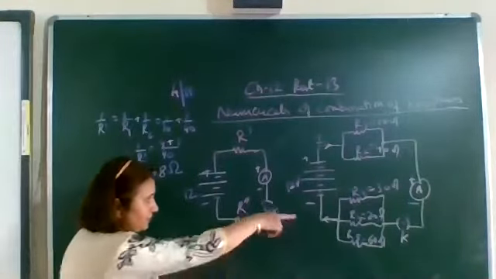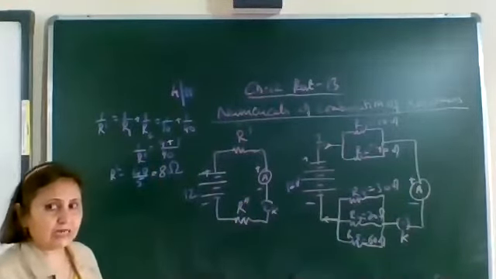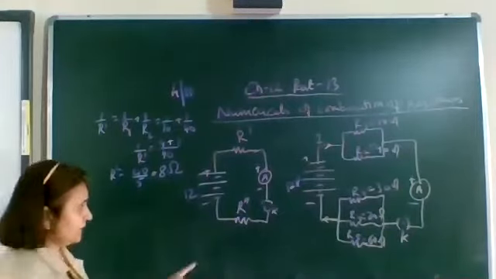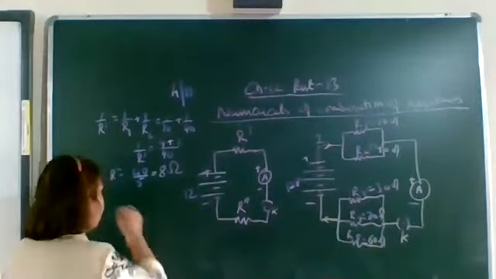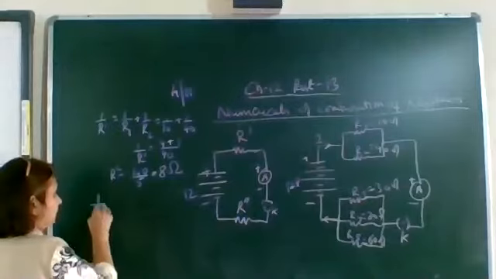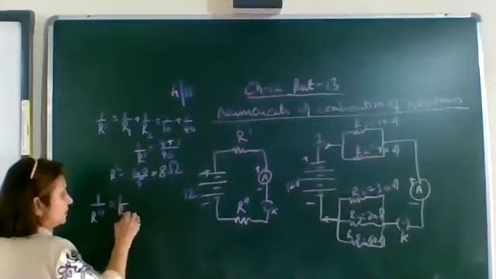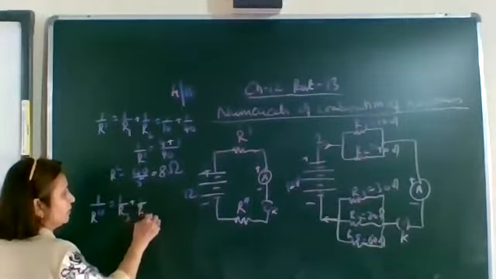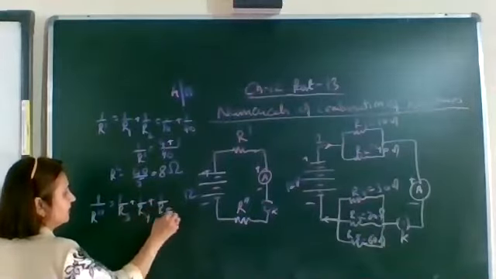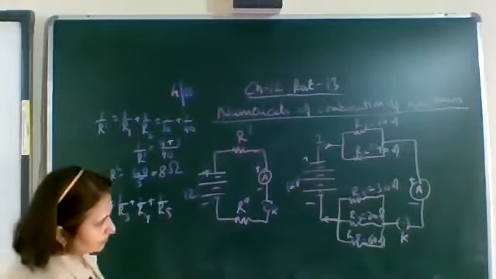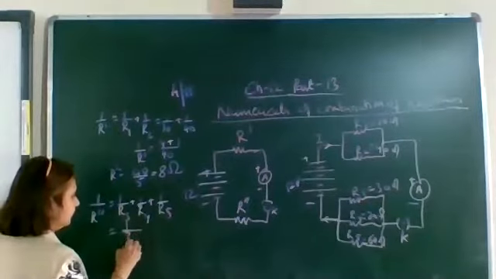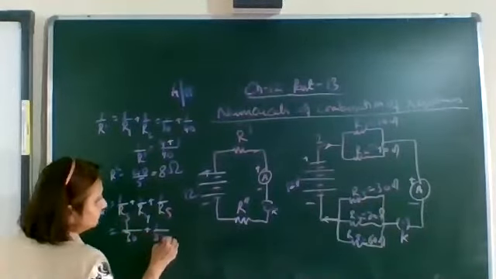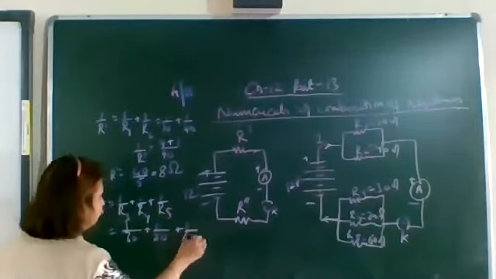Now similarly we will find the equivalent of R3, R4 and R5, which is R double dash. 1 upon R double dash is equal to 1 upon R3 plus 1 upon R4 plus 1 upon R5. Substitute the values: 1 by 20 plus 1 by 20 plus 1 by 60.